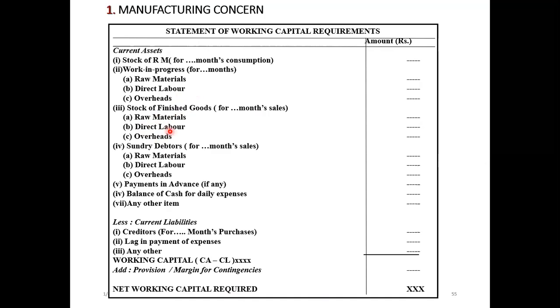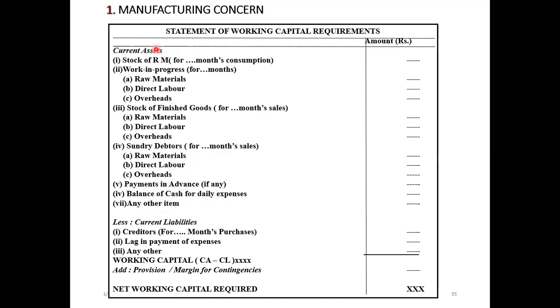Elements of cost: raw material, direct labor, overhead cost, and sundry debtors. It means finished goods, right? And the payment in advance, if any, balance of cash for daily expenses, any other items, if any, right?